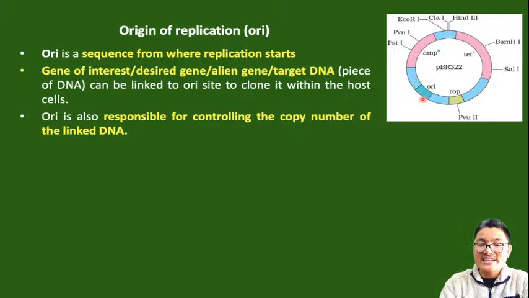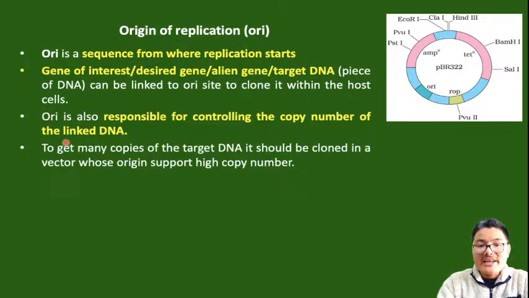So the ori site is responsible for controlling the copy number, or how many times it should multiply, which is linked with the gene of interest. So mainly the ori site is responsible for replication of DNA, or it is the origin or site of replication. This is what you need to keep in your mind.